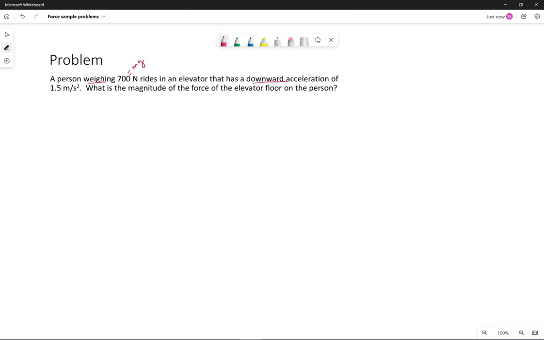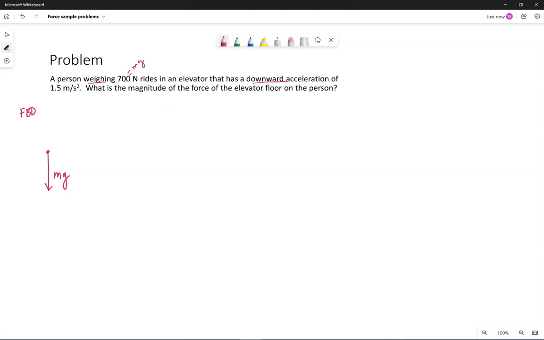So since we're talking about the person, the problem is asking about the person. My free body diagram, again, this is number one step. Free body diagram, every object we talk about right now is going to be a dot. We need to recognize and draw the forces on this person as our object in this case. So we know there is a force of gravity. I'm just going to label it mg.